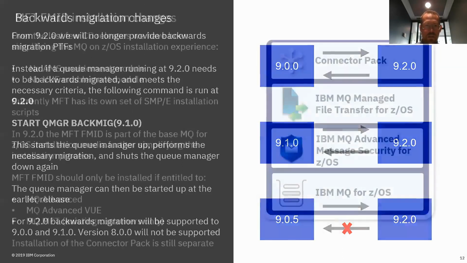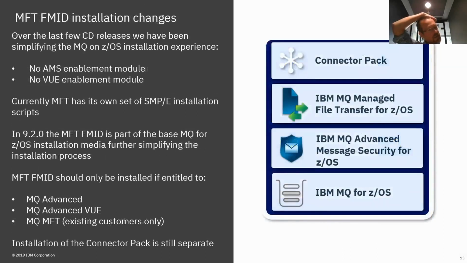Right. So a couple of other install changes. Now we're talking about the SMP side of things. We've been trying to make our installation process for 9.2 as simple as possible. And in order to do that, we've been getting rid of extra SMP requirements. It used to be that if you wanted to make use of AMS, there was an AMS enablement module which you had to install separately and put in your steplib, and the same sort of thing for VUE as well.